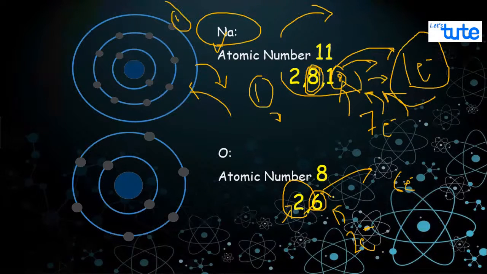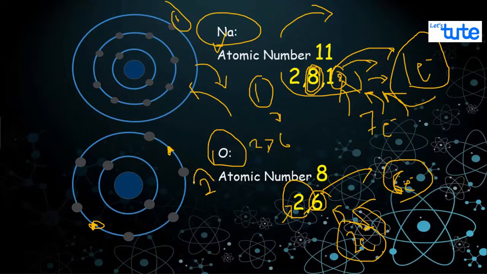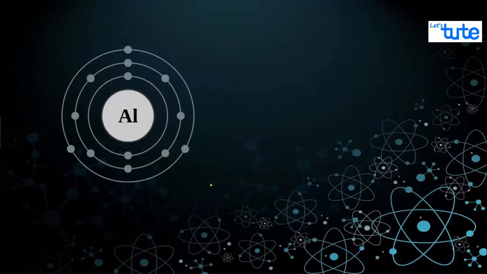But taking electrons is much easier because 2 is smaller than 6. Therefore, oxygen takes two electrons, and now it has 8 electrons in the outermost orbit. So the valency of oxygen is 2. I hope this is clear to you guys.